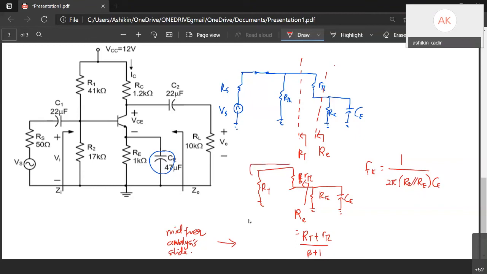These two are series, the current is the same. But over here, over RE, the current I is bigger. RT equals RS parallel with RTH.